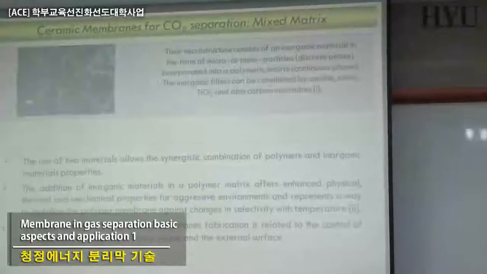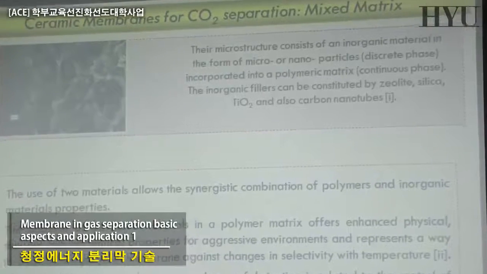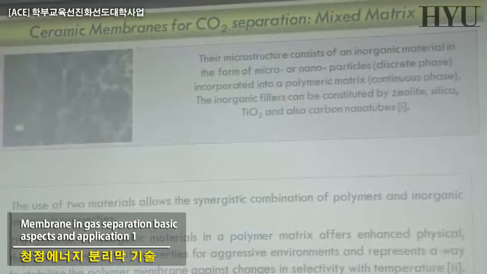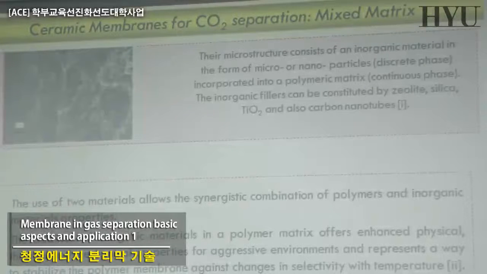In this case, basically, you have some inorganic material that forms what we call a discrete phase in these particles, which are micro or nanoparticles, and they are incorporated in a traditional continuous phase that is the polymeric matrix. The problem which exists, the same I was mentioning before, is the wettability or the interface between these particles and the polymeric matrix.